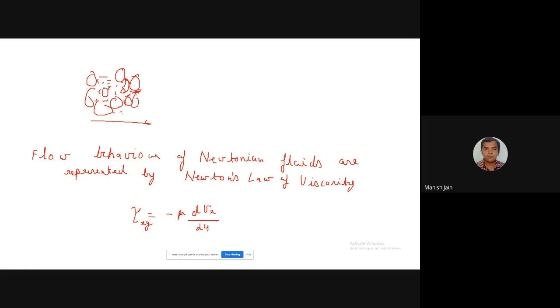This is the most simple mathematical expression. In fluid mechanics, this can be used to represent the Newtonian behavior of the fluid.